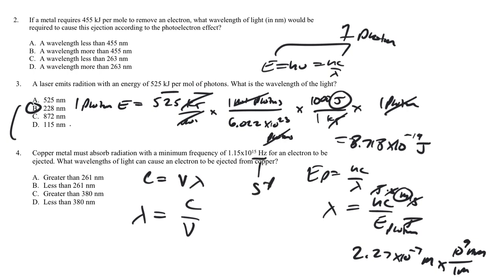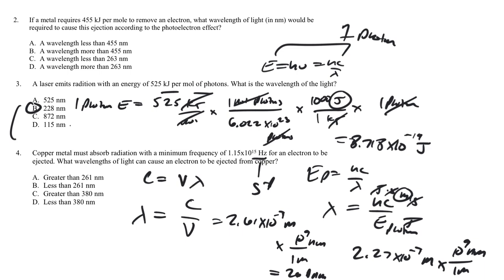If we take the speed of light, 2.998 e to the 8, divided by 1.15 e to the 15, that looks like 2.61 times 10 to the minus 7. And same conversion into nanometers is 261 nanometers.